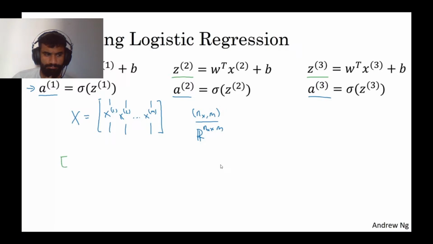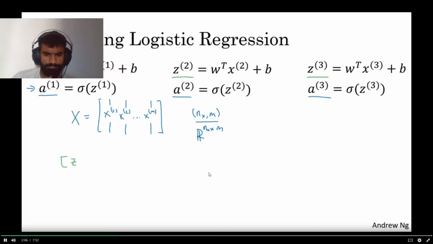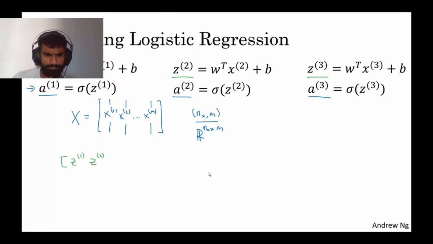So I'm going to construct a 1 by m matrix. This is really a row vector, where I'm going to compute z1, z2, and so on, down to zm, all at the same time. It turns out that this can be expressed as W transpose times the capital matrix X, plus this vector b, b, and so on, b.